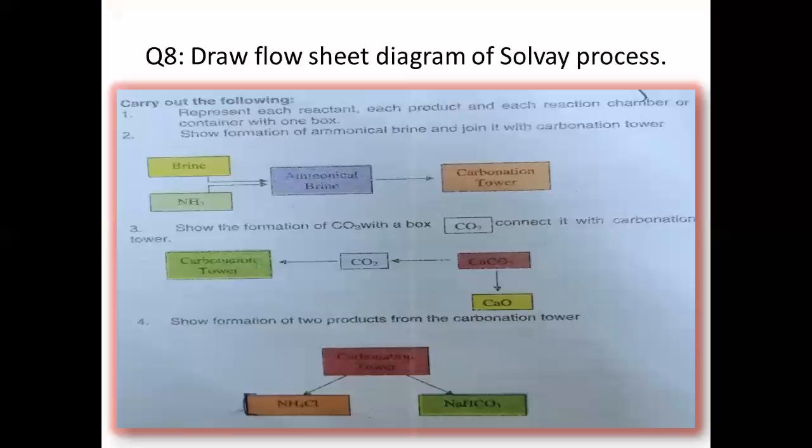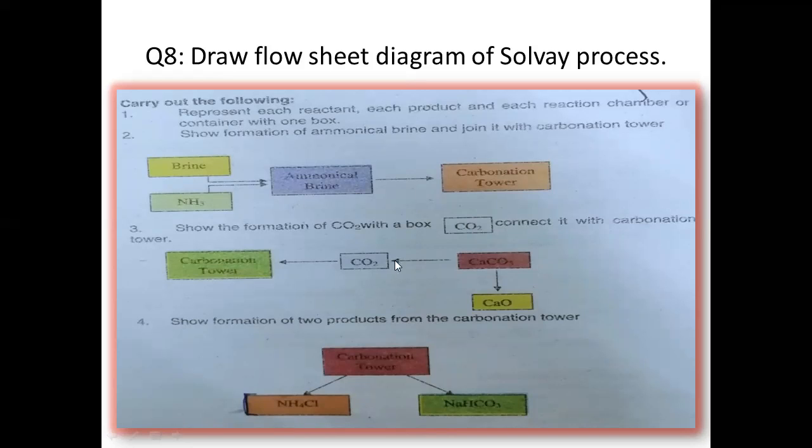Flow sheet diagram of Solvay process. First of all, you have to draw the flow sheet steps separately, and then finally at the end you have to combine or merge all these steps. So this is the first step. You can see brine and ammonia mixed together in the reaction chamber, and then they are passed through the carbonation tower.